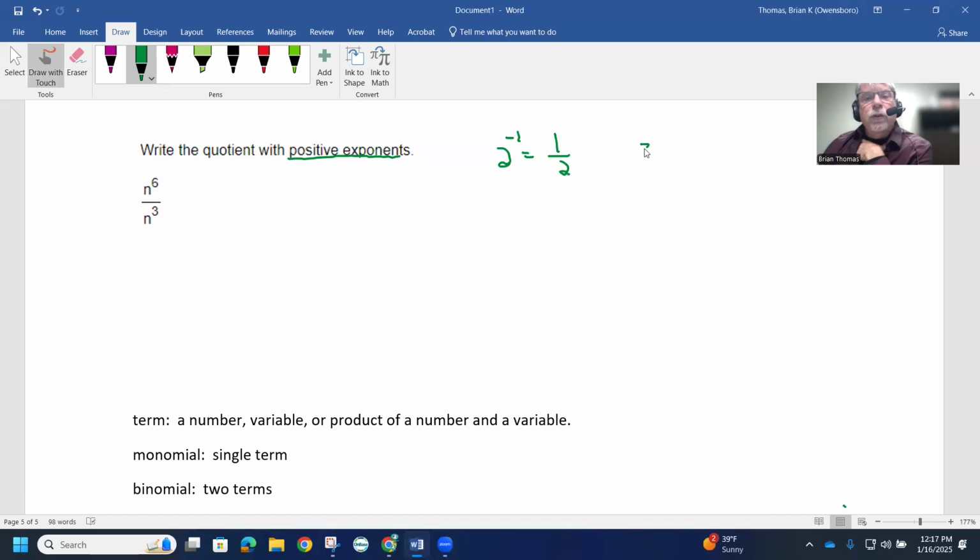If I have 3 to the negative 2, that negative exponent means to flip it. Notice when I flip it, it becomes a positive exponent, 1 over 3 squared, and 1 over 3 squared is the same thing as 1/9. So a negative exponent means to take the reciprocal.